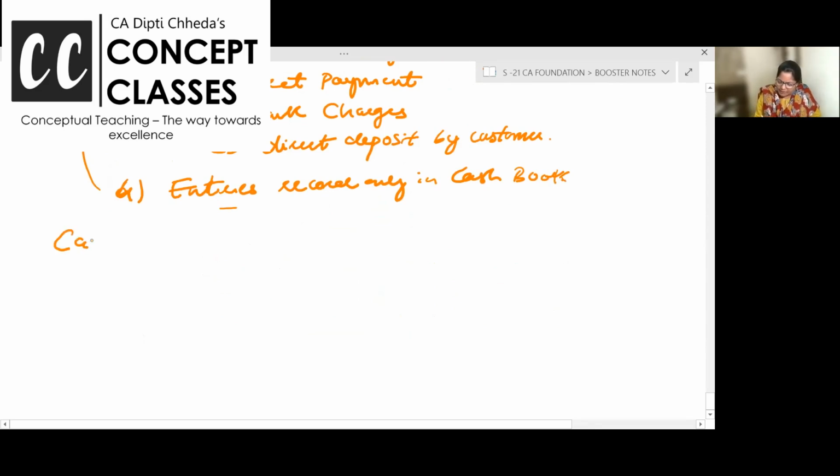Now write down please. Cash book, this is like best friend you have to make. Cash book debit balance, put an arrow mark. Favorable. Cash book debit balance is favorable.